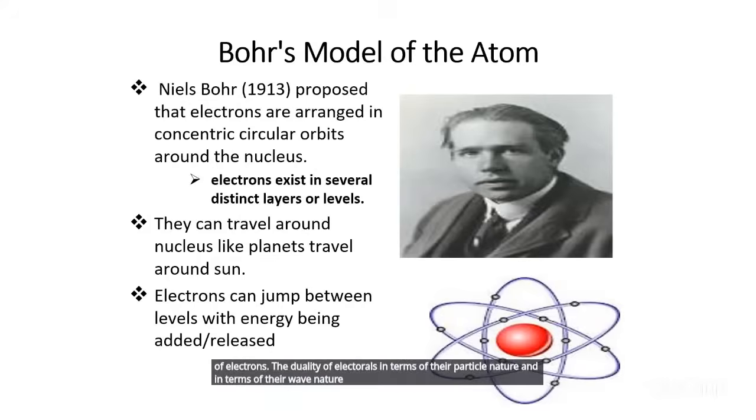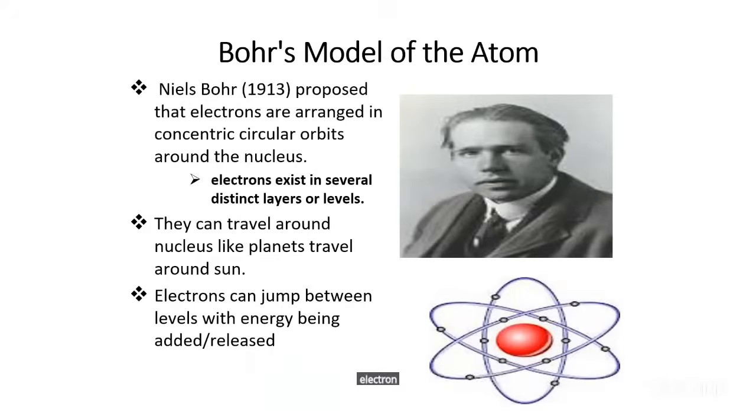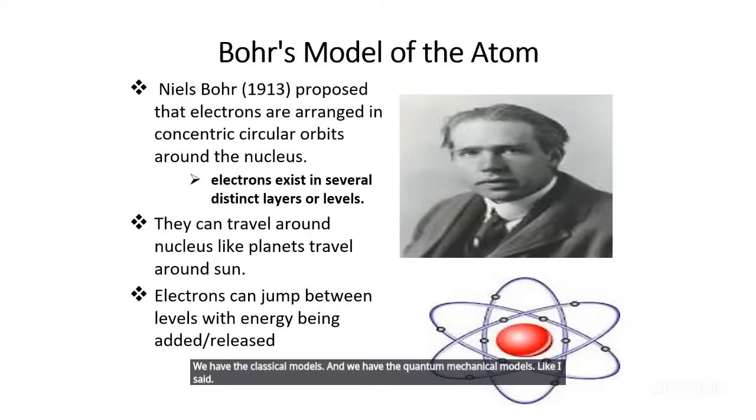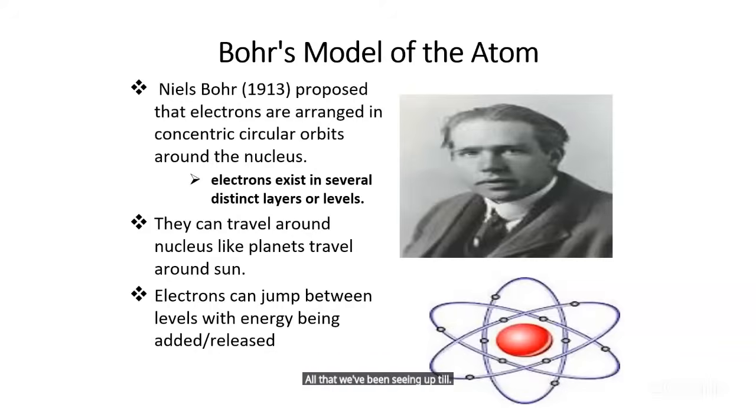That is what it's all about. So we have two major models when we look at the history of atomic structure: the classical models and the quantum mechanical models. Like I said, all that we've been saying up till James Chadwick are referred to as classical models. Now we want to look at the quantum mechanical models.